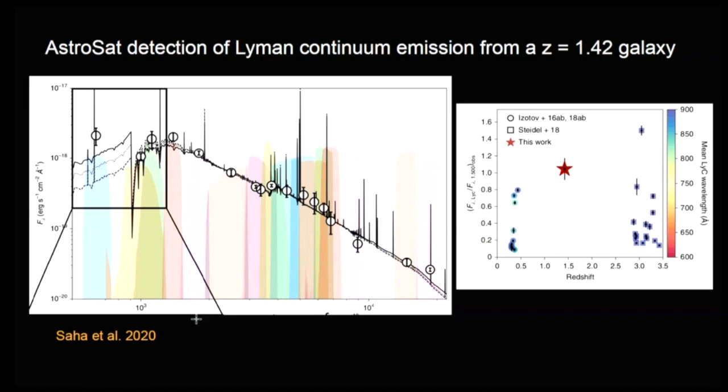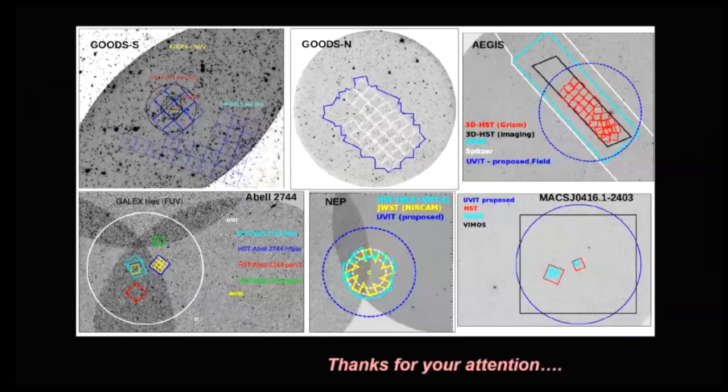Now we have multiple deep fields imaged by UVIT, and slowly we are building up, with the different ancillary data in the archive, a potential list of candidates where we can look for these sources. Then we are trying to increase the detection limit of the imaging to reach the limit where we can detect these faint Lyman continuum leakers, and with a good number, talk about their properties at the redshift range where they are not detected very well. I'll keep this slide of the deep fields here.